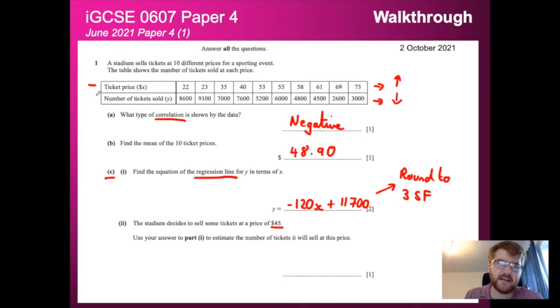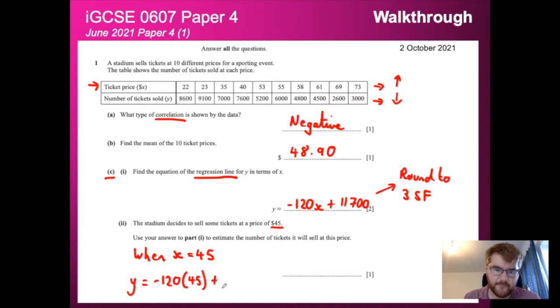So notice we're looking at this row here, and we want to estimate the number of tickets sold. So we're going to substitute X for 45, and then we're going to work out Y by copying out our regression line. The only thing I'm going to do is change the minus 120 to 45. Everything else stays the same.